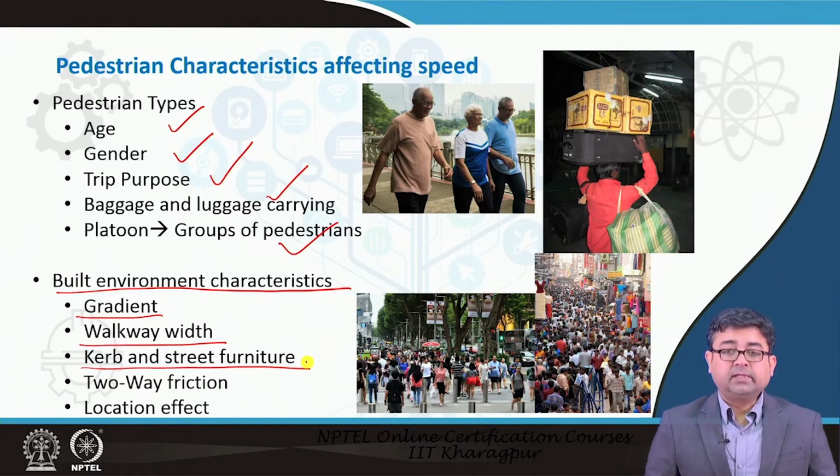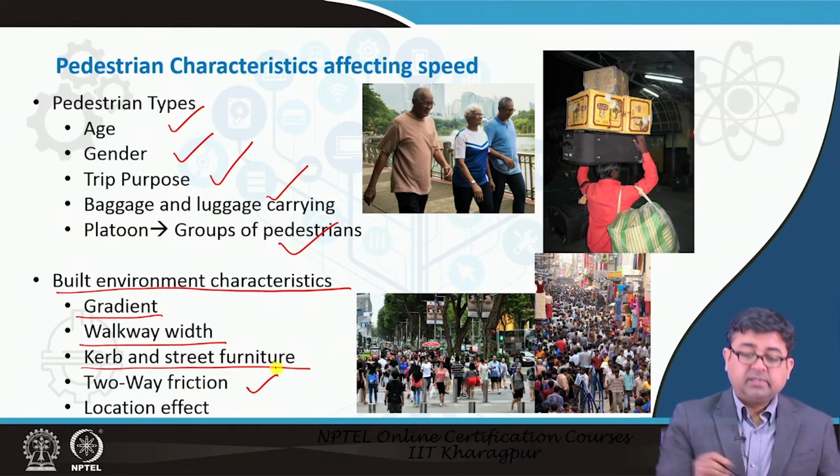So, that is one of the things, and there are other things such as benches, and sometimes of course, the footpath is encroached upon, sometimes two-wheelers are parked on the sidewalk, or sometimes even four-wheelers are parked on sidewalks or footpaths. So, those all cause a great deal of inconvenience and also reduce the speed of pedestrians.